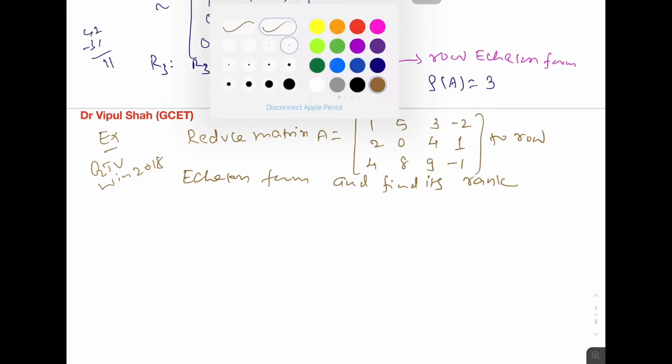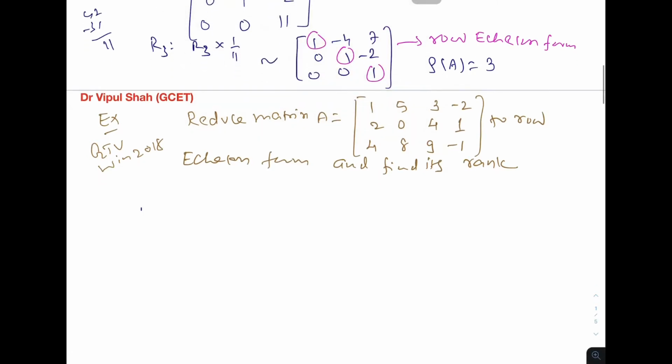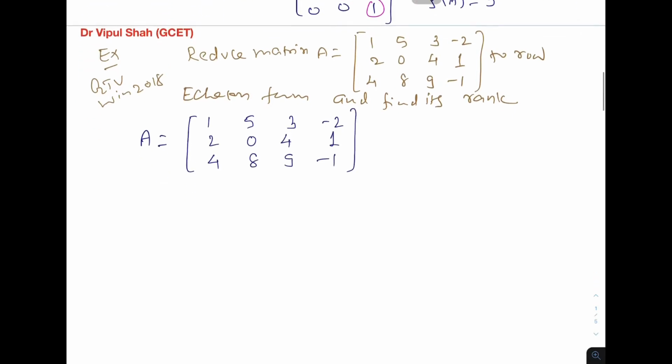Okay, so here the matrix A equal to 1, 5, 3, -2, 2, 0, 4, 1, 4, 8, 9, -1.